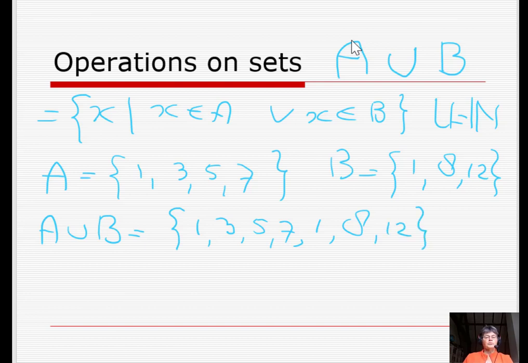As we've seen in the previous lesson, the 1 is already there and we don't have doubles in a set, so the union consists of the elements 1, 3, 5, 7, 8 and 12.